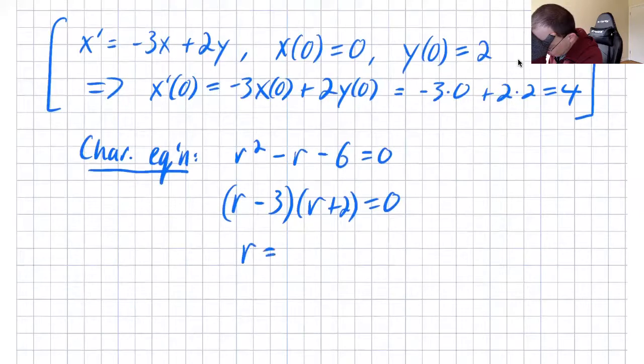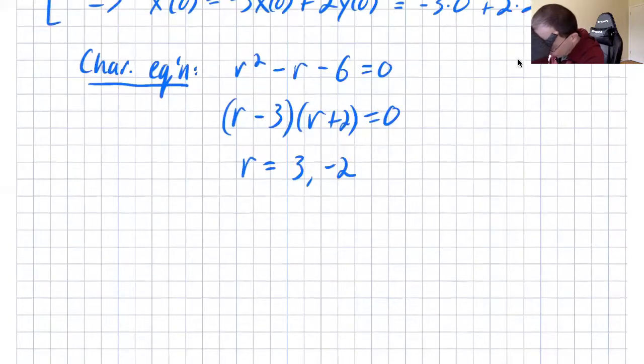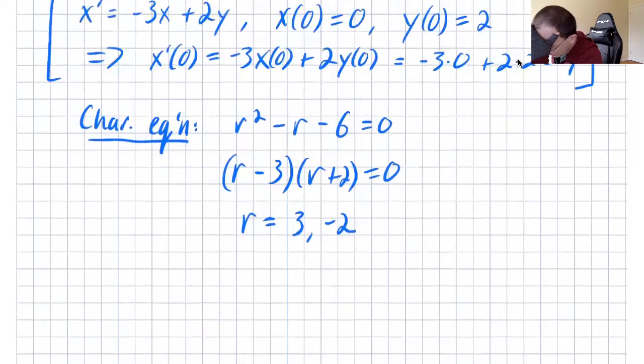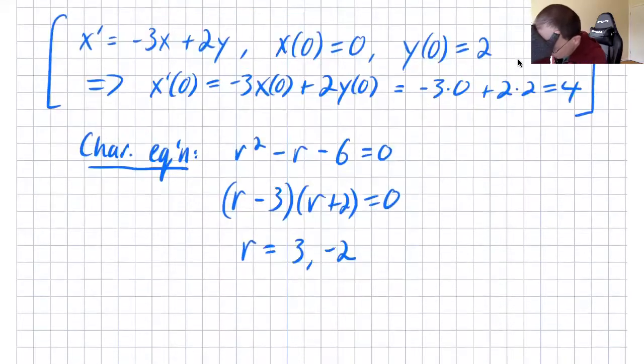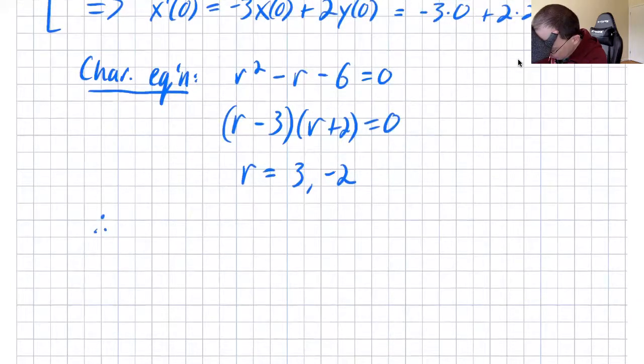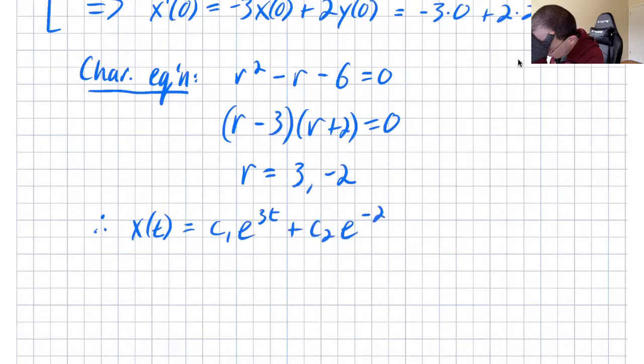And so r is equal to 3 or minus 2. And so therefore, because it's homogeneous, the entire solution is going to be the following. It'll be C1 e to the 3t plus C2 e to the negative 2t.